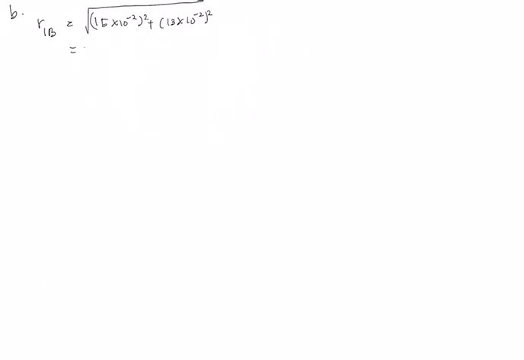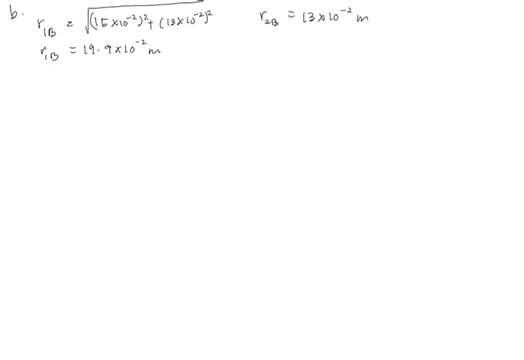And what do you get? 19.9 times 10 power of negative 2 meters. So that is your R1B. R2B just now is 13 times 10 power of negative 2 meters. Okay, your Q1 and Q2 are the same.